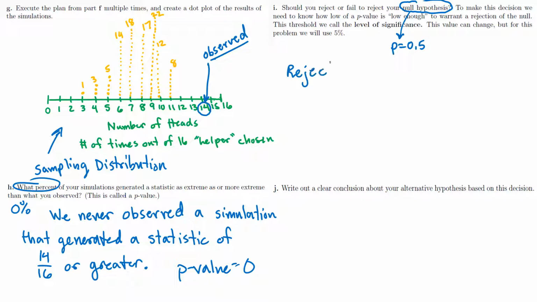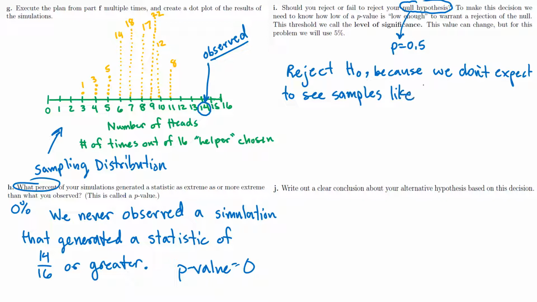So we reject the null hypothesis, and we'll just say because we don't expect to see samples like the one from the study if the null were true.